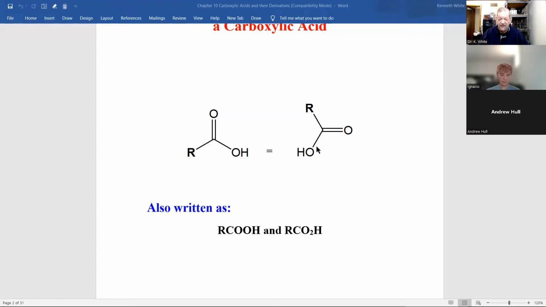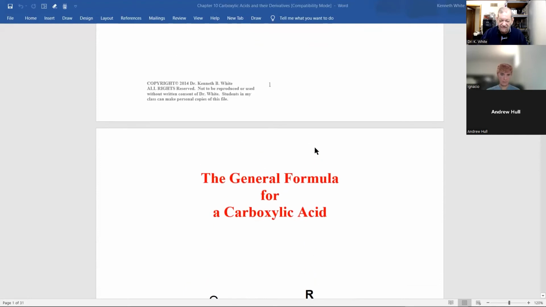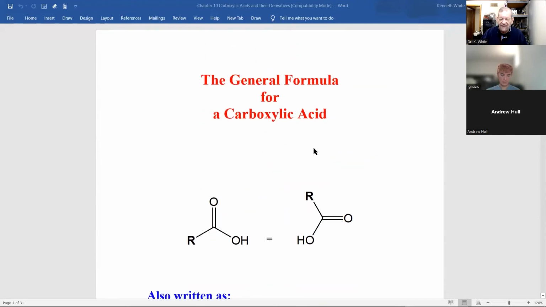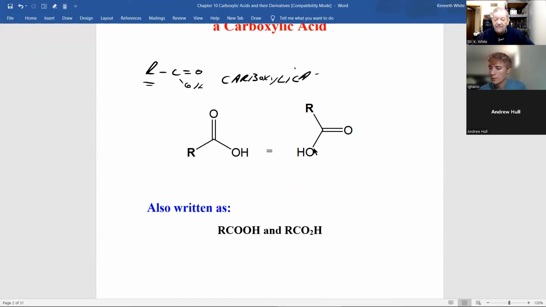And last week, we started talking about carboxylic acids. A carboxylic acid has a carbonyl with a hydroxyl group and an R group on it. That's a carboxylic acid. And how do you name that?